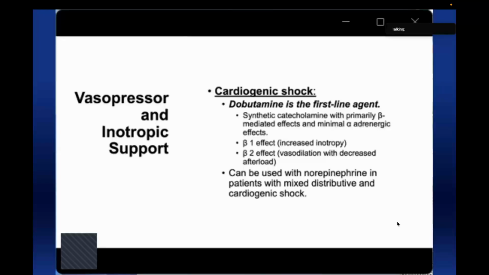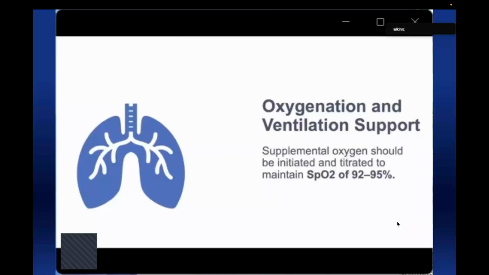Beta 1 is used to increase your inotropy, or the capacity of your heart muscles to contract. The beta 2 effect is that it can vasodilate the vessels with a decrease in your afterload. It can be used with norepinephrine, as mentioned earlier, with mixed distributive and cardiogenic shock.